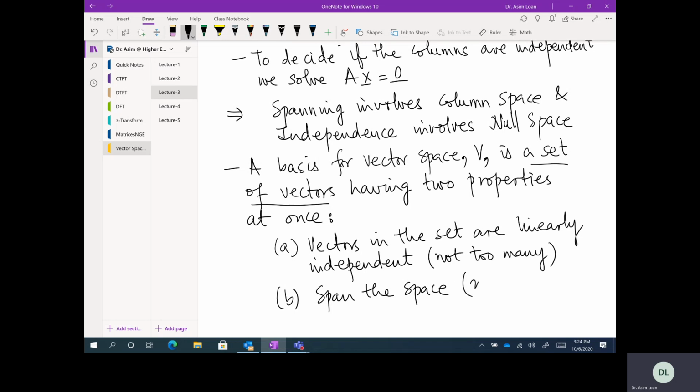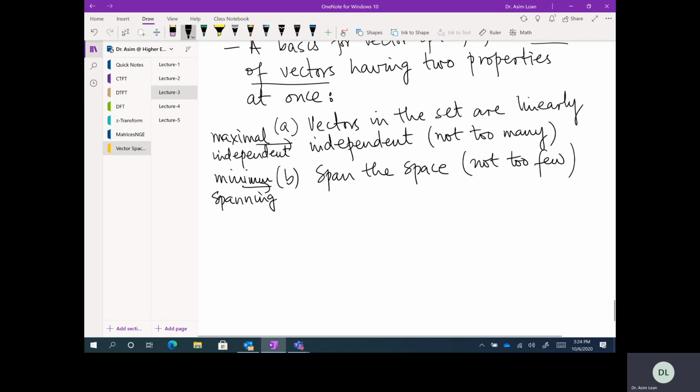Cannot be means not too few. So this is a maximal independent set. We cannot add vectors and get a maximal independent set. And this is the minimum spanning set. We cannot remove vectors and still span the space.